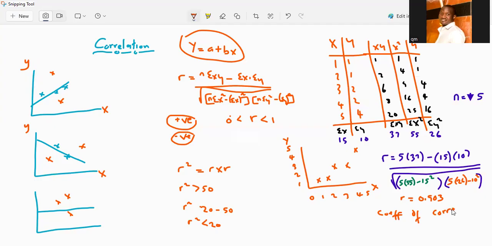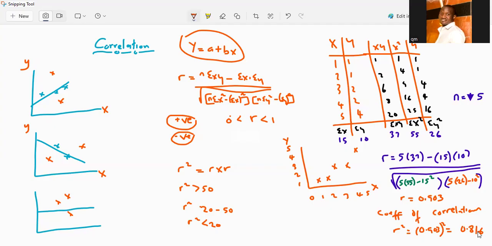What does it tell you? It has a positive or direct relationship. X and Y are directly related. Then when you square this answer, R squared, just literally squaring this answer, 0.903 to the power 2. What do we get? 0.8116.